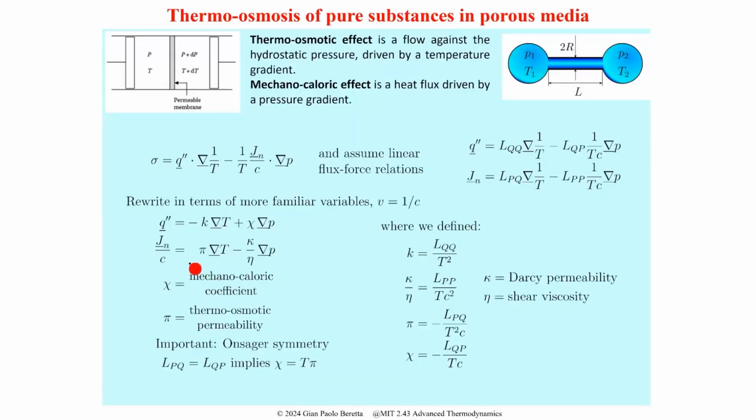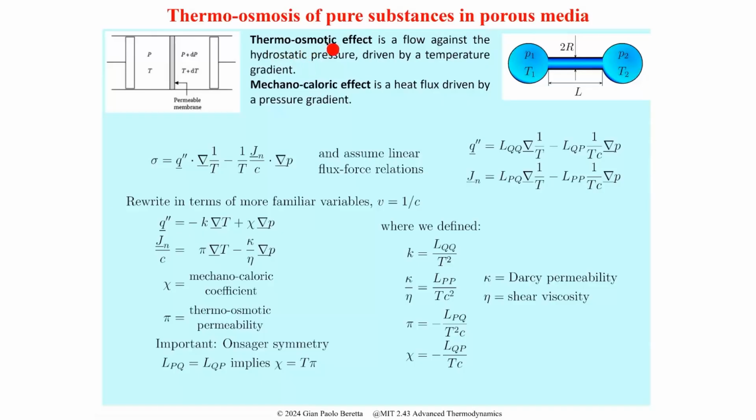But the off-diagonal terms are also there, and they give rise to two cross phenomena that are related to one another, that sometimes go under the name of thermo-osmotic effect or mechano-caloric effect.